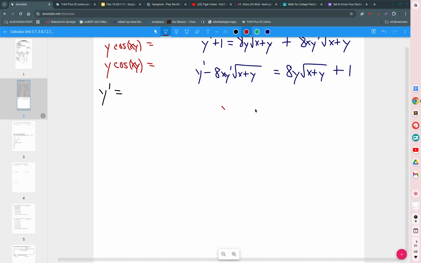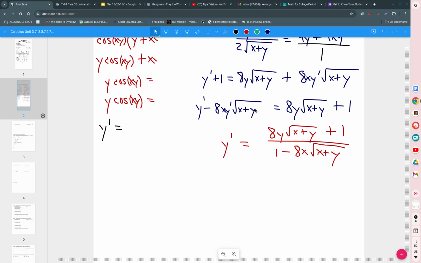If I factor out the y prime, I notice it's going to be a 1 minus 8x roots of x plus y. Okay. Sir? On the top, shouldn't it be minus 1 because you're minusing the 1? I'm sorry. Yep, thank you.